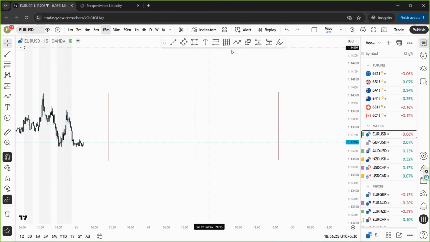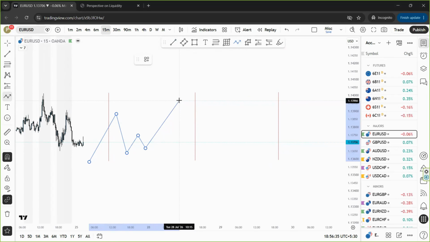You have some sort of range, and you have this, and then let's just assume price does something like this. So some people, let's assume price is somewhere here, and this is the high of this day.